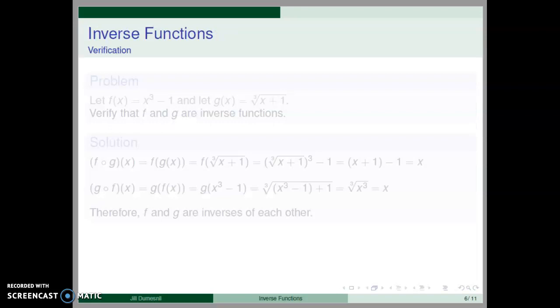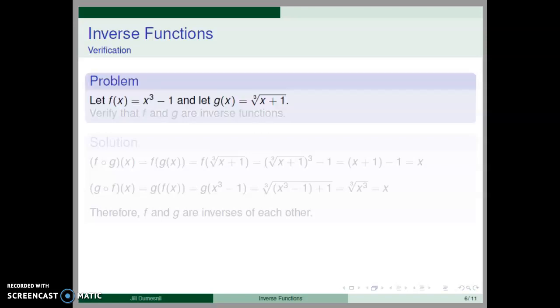Let's consider a couple of examples in which we verify that two given functions are inverses of each other. Suppose that f of x equals x cubed minus 1 and g of x equals the cube root of the quantity x plus 1. We are asked to verify that these are inverse functions.